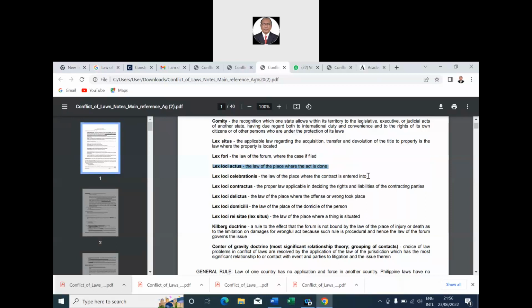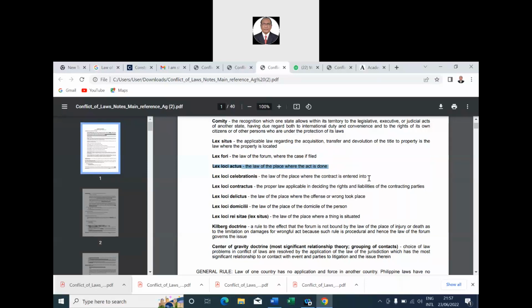And actus is only the place where the contract is concluded, made. And lex loci contractus means the place where the contract will be performed and the applicable law deciding the rights and liabilities. When the breach happened in Tanzania, the Tanzanian law will decide the rights and liability of the party. Is it clear?